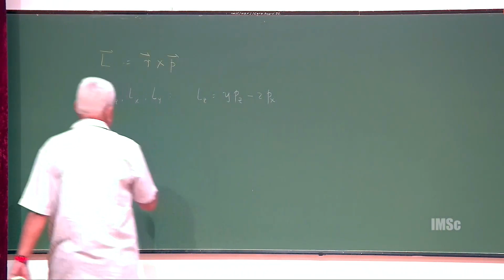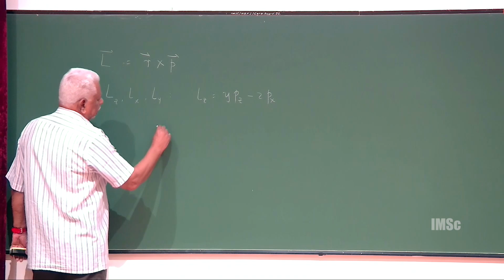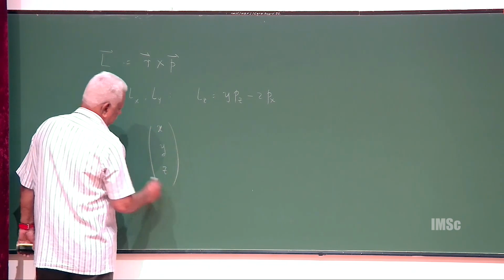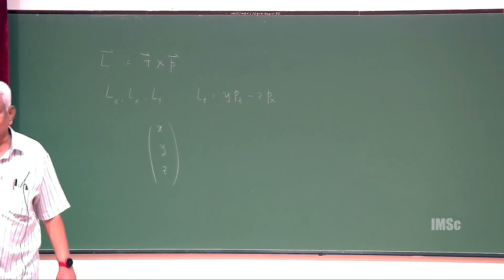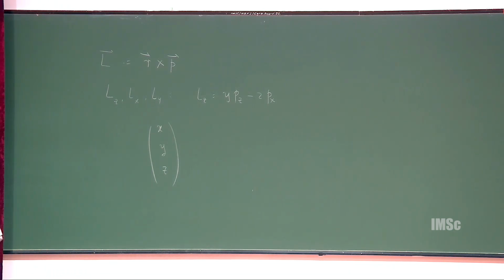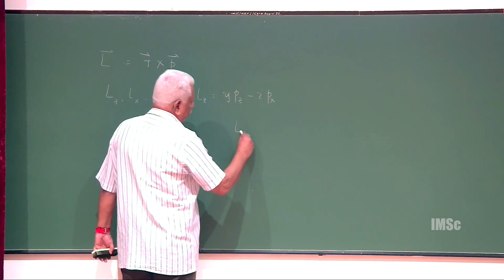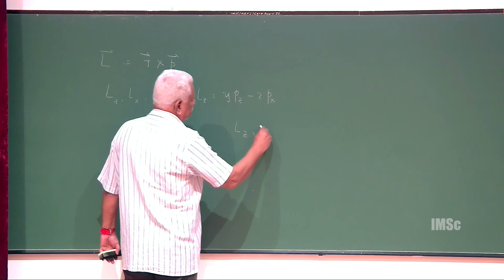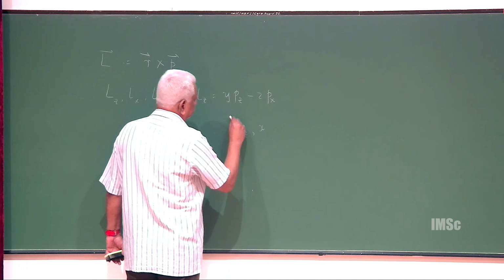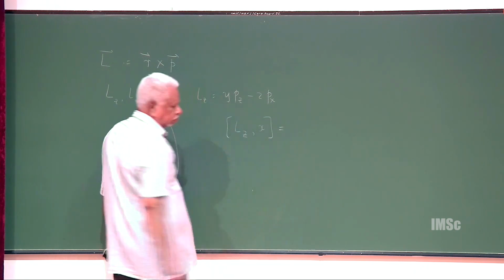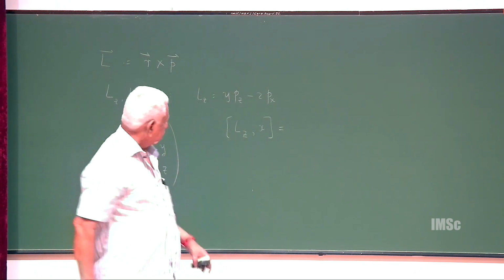Now, let me write x, y, z, the position operators, and then I can ask the question, what is the commutator of Lz with x, with Lx? I can construct that.